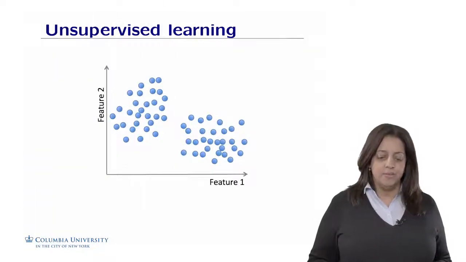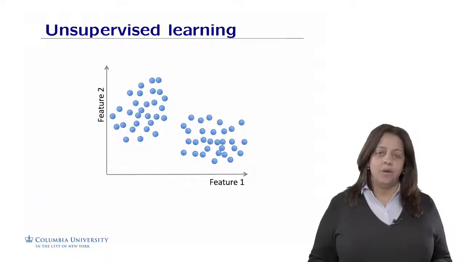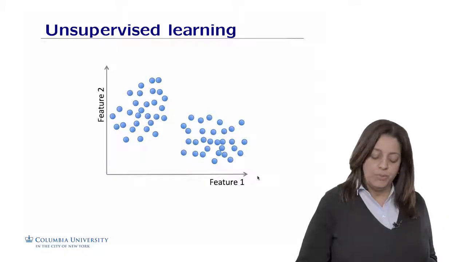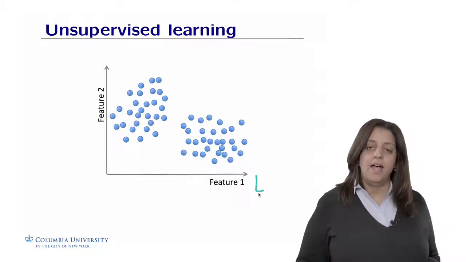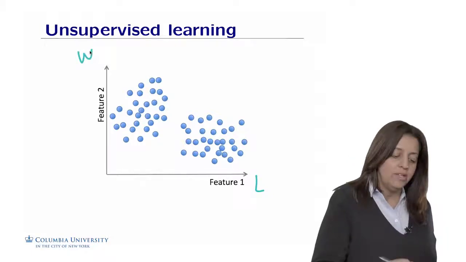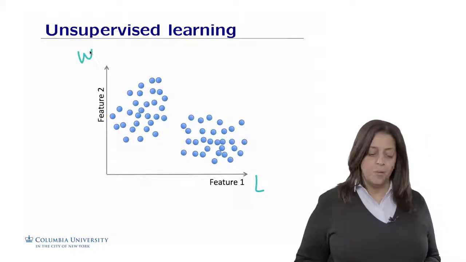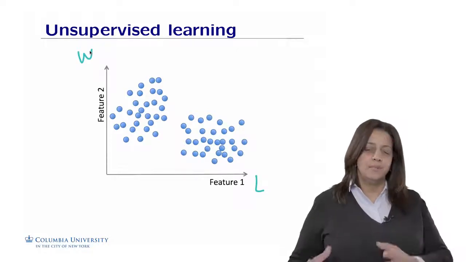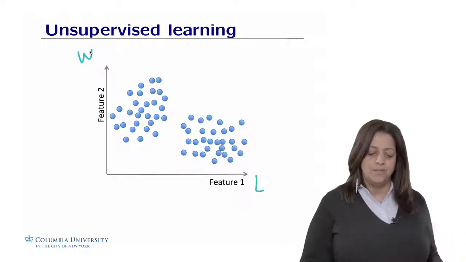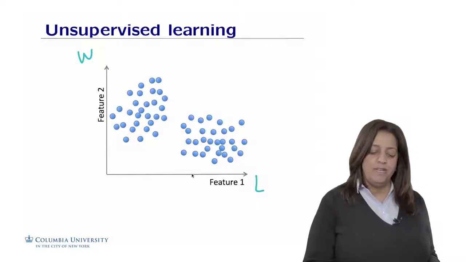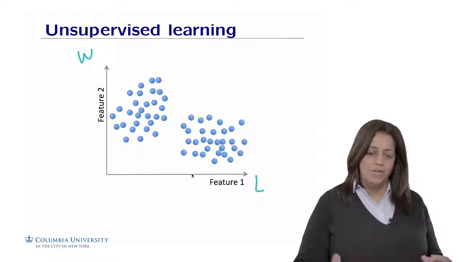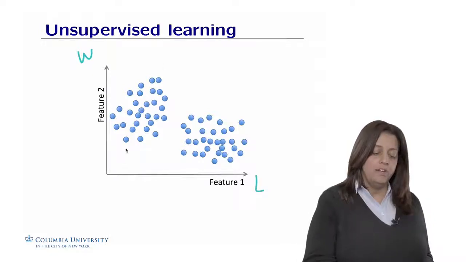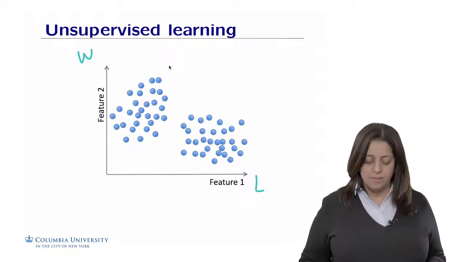In our previous example, we could plot the examples on a 2D space in which we put the length of the fruit on the x-axis and the width of the fruit on the y-axis. We would see naturally the bananas coming up together and the oranges coming up together. The group of bananas would be here because they are longer and thinner, and the group of oranges should lay out somewhere here.